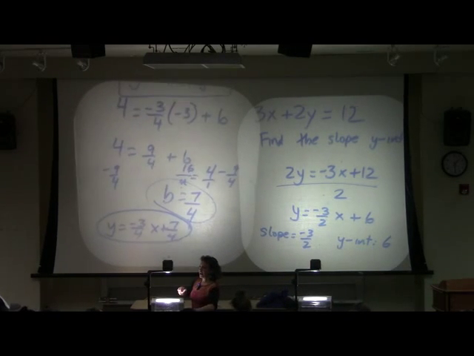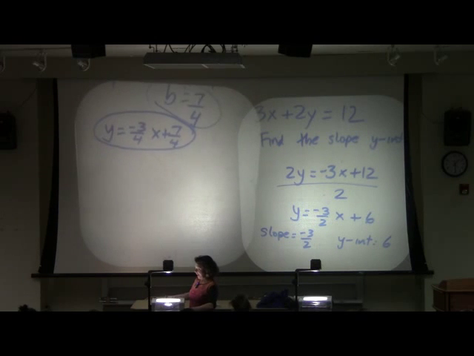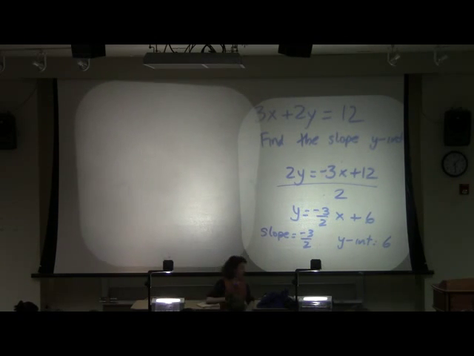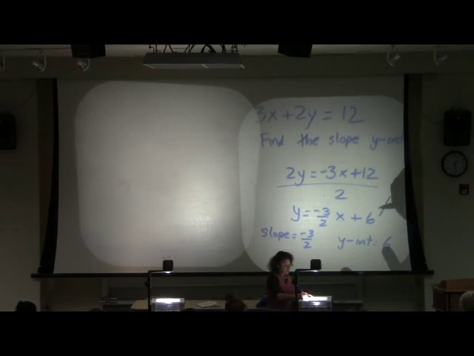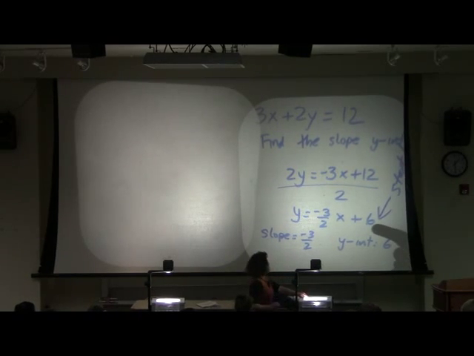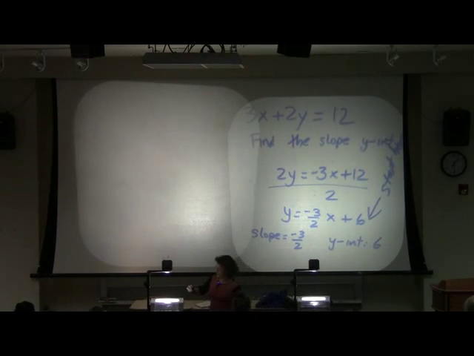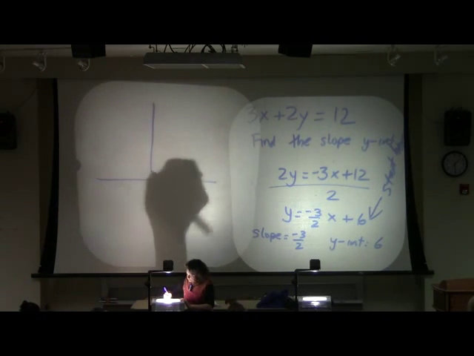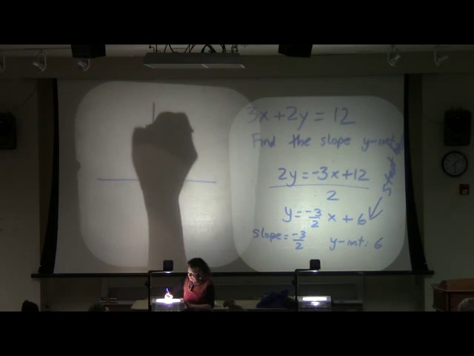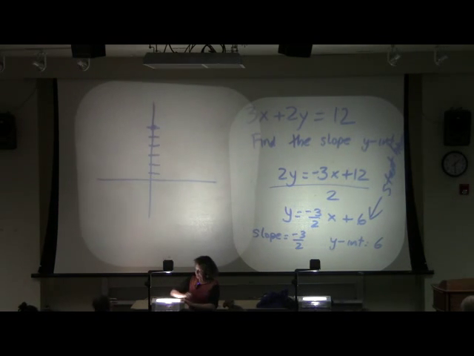All right. So, how do you graph a line? Well, when you're in this form, I will tell you, start here. You always start with your constant, okay? Your y-intercept. So, 1, 2, 3, 4, 5, 6. Guys with me there?